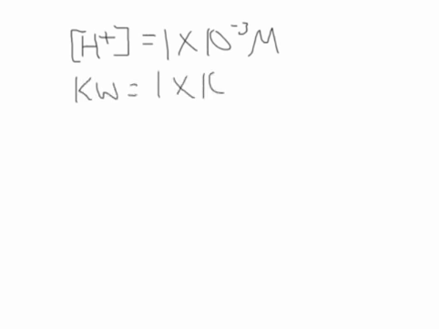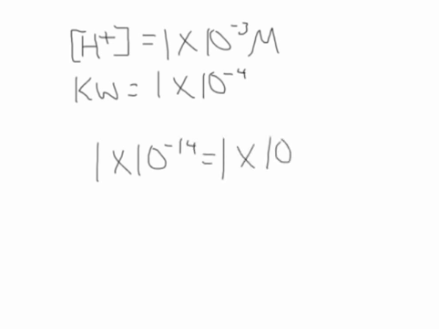So, example 1. If you're given H plus equals 1 times 10 to the negative 3 M, and obviously KW equals 1 times 10 to the negative 14, just plug in 1 times 10 to the negative 14 equals 1 times 10 to the negative 3 times OH, and plug in OH, which you don't know.